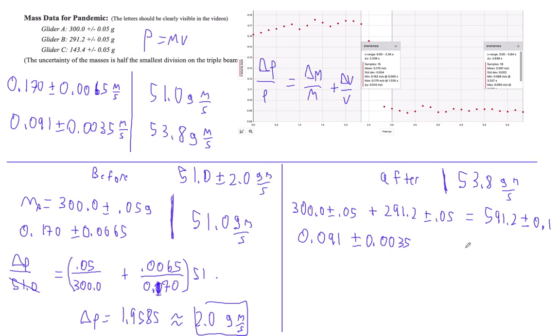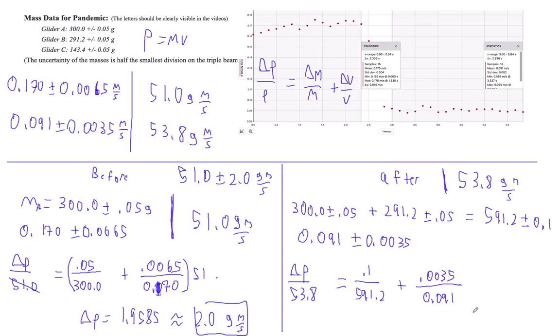Okay, so let's figure it out afterwards. We're going to go uncertainty of the momentum over 53.8 is equal to, and then 0.1. By the way, that won't change the fractional uncertainty very much. Plus, let's see, so this is our uncertainty of the mass over the mass, plus the uncertainty of the velocity over the velocity.